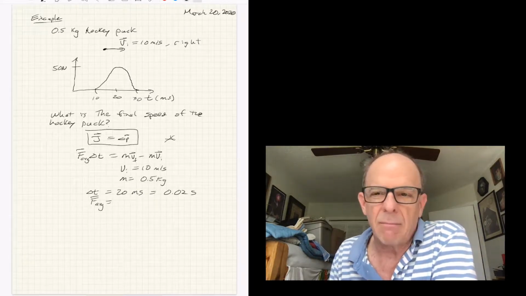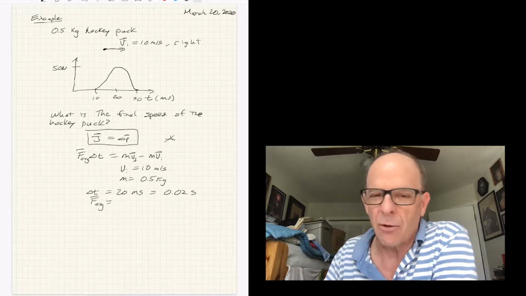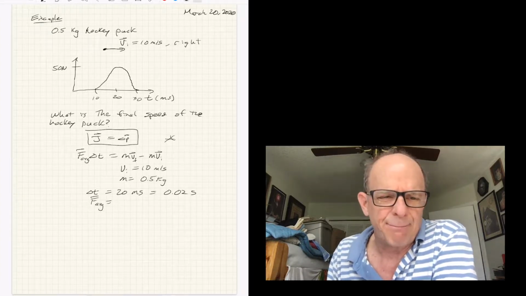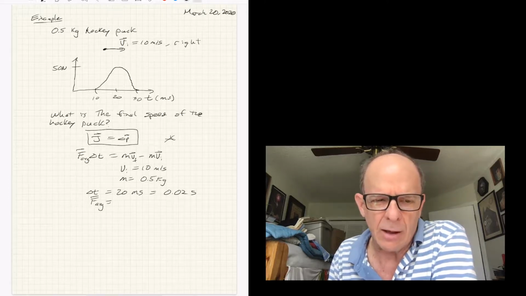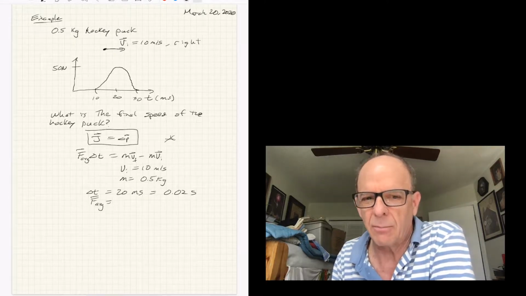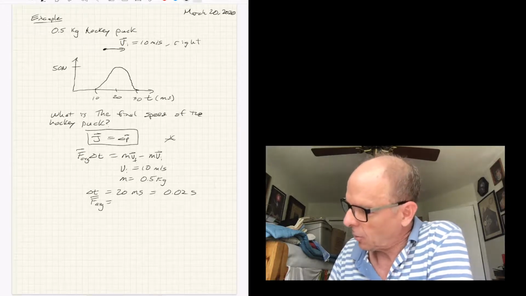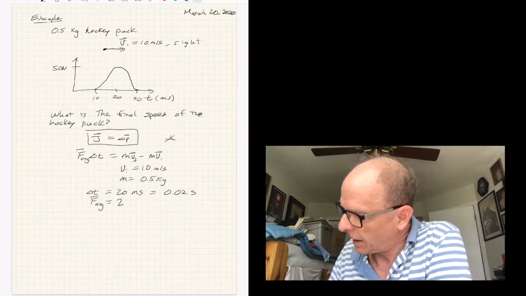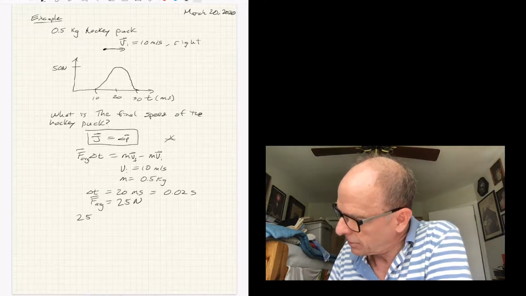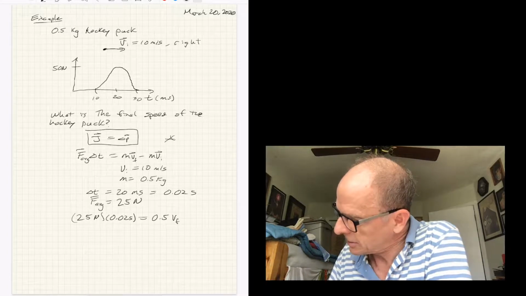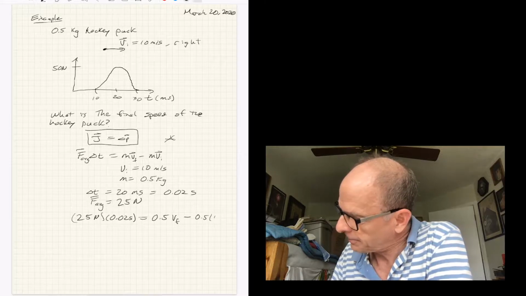I didn't draw the curve very well; you can look at the slide. We're going to approximate that the average value is half of the maximum because it's roughly triangular shaped. So we're going to say that it's about 25 newtons. And that gives us 25 newtons times 0.02 seconds is equal to 0.5 times v final, that's the thing we're looking for, minus 0.5 times 10.